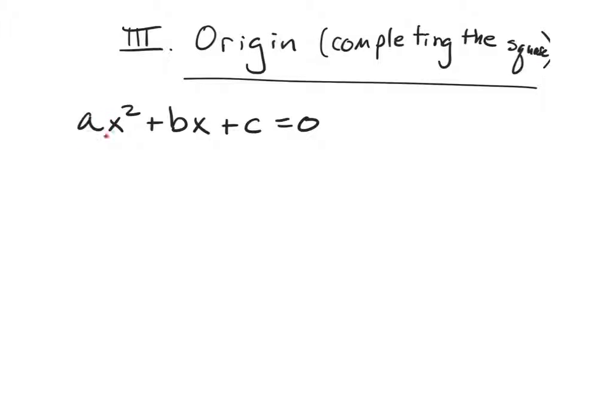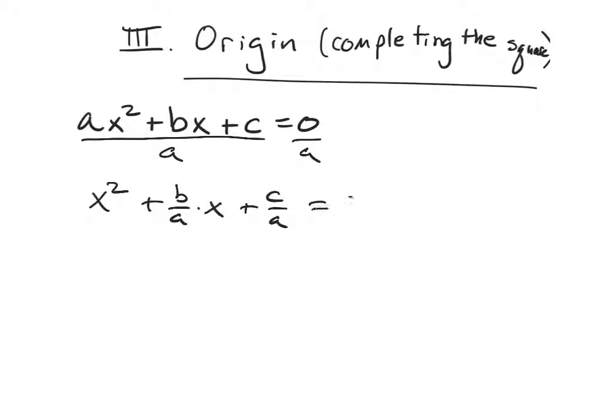And unfortunately, we're going to be using all letters so that we'll see what we get. So first step, we said we wanted to make things easy, so we're going to divide everything by a. If you do that, you get x squared plus b over a times x plus c over a is equal to 0, since 0 divided by anything is just 0.